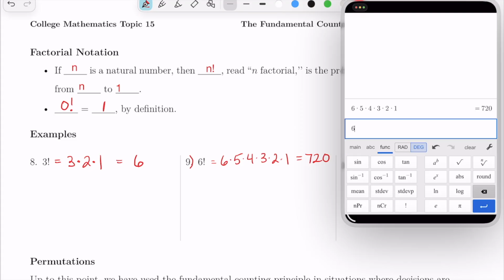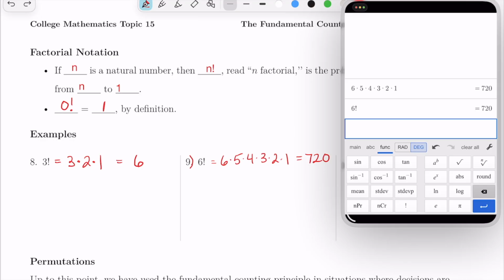But if you're not on a keyboard like me, there's an exclamation point right there, right at the bottom of my screen, just above this little arrow here. 6 factorial, notice that the calculator shows you that's 720. So your calculator will do this for you.